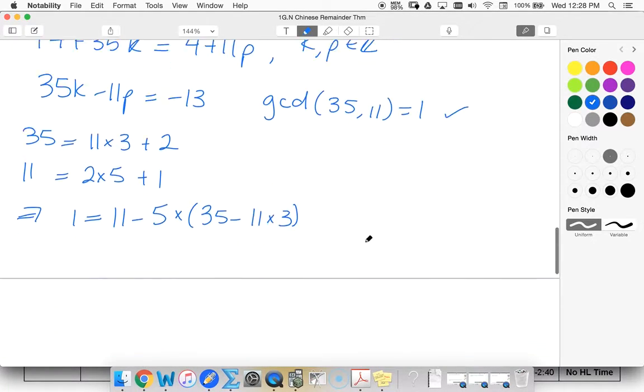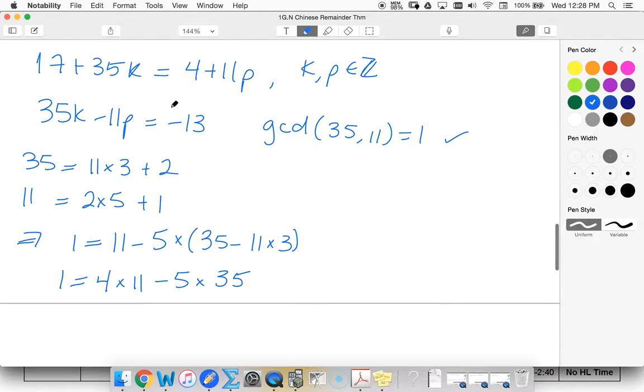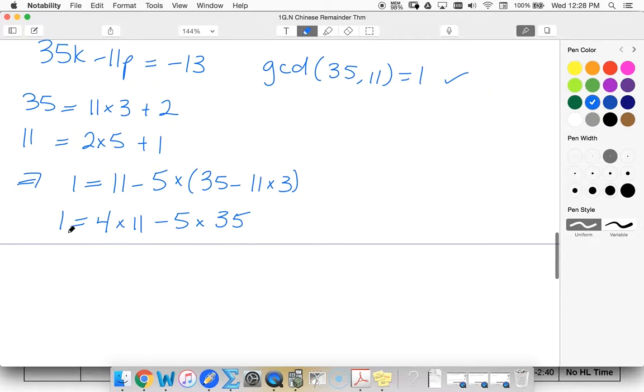All right, so simplifying that, I can say that 1 is equal to, let's see, 4 times 11 minus 5 times 35. Okay, I know that this is going to be equal to 1, but what I want it to be equal to is negative 13. So I'm going to multiply everything by negative 13. So 4 times negative 13 times 11 minus 5 times negative 13 times 35.